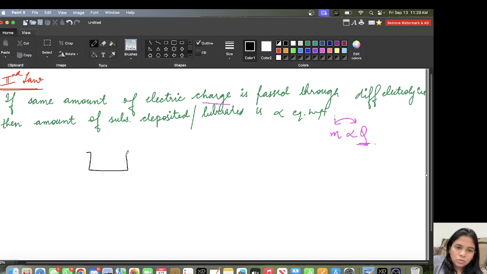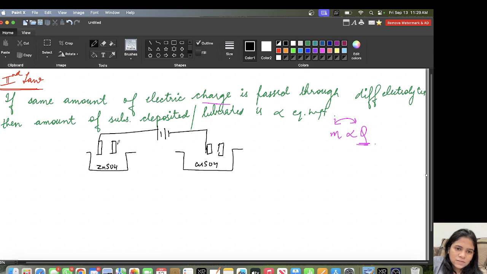How do you write it down? How do you explain it? You have two containers. One is of ZnSO4, the other one is of CuSO4. They are connected through a battery, in a series connection, so that you get the same amount of charge everywhere.